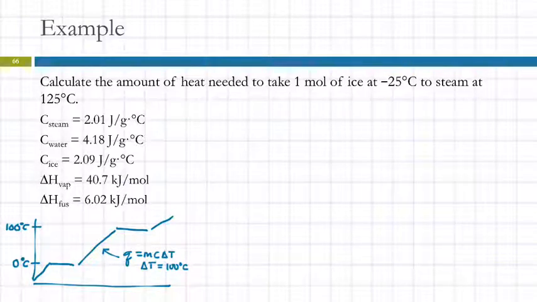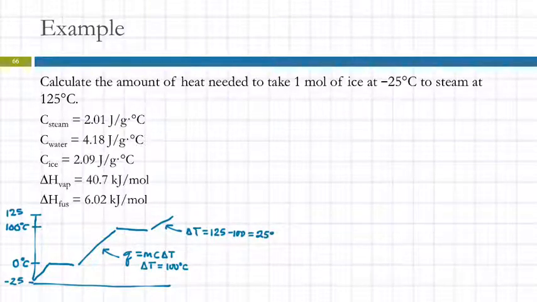What's the starting temperature on our graph here from the question? Negative 25. So we're starting at minus 25, and what's our final temperature? 125. So delta T for this segment, final minus initial. The final temperature for that segment is 125. The initial is 100, so that's a temperature change of 25 degrees Celsius.